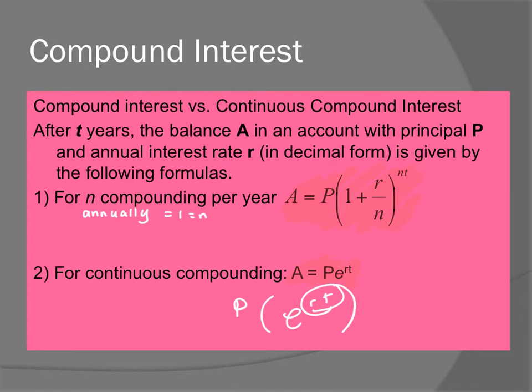If it says it's compounding monthly, this is 12 times. My n is 12. If it says quarterly, that's every quarter, right? How many quarters are in a year? 4. So that's 4 times a year.